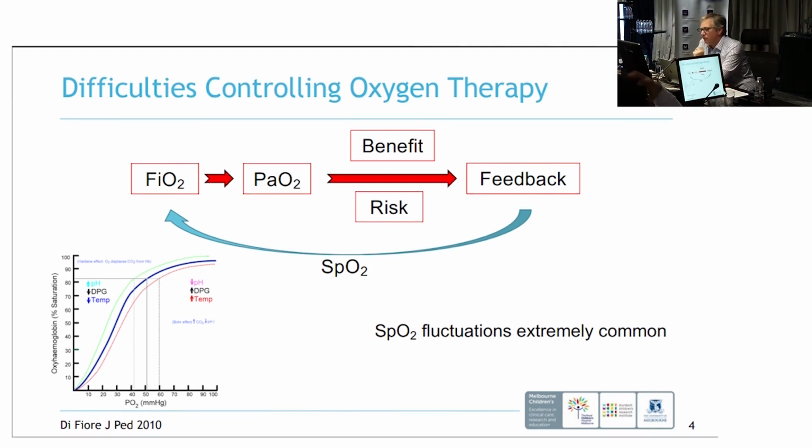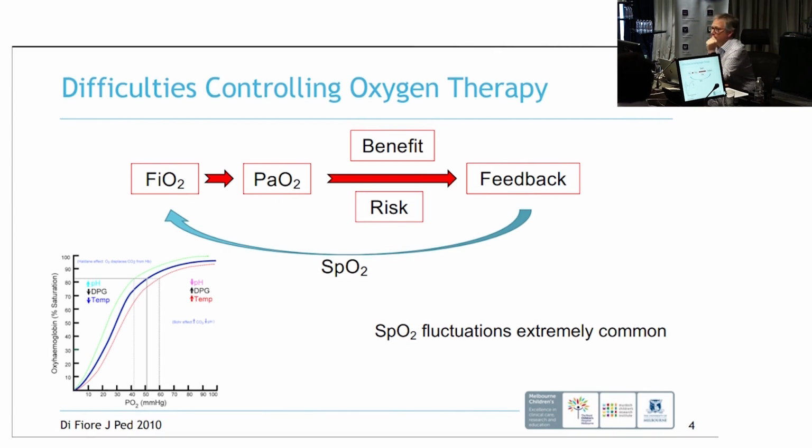And, as every medical student knows and generally learns to hate, the relationship between oxygen saturation and PaO2 is not linear. So if you increase your PaO2, you don't get the same increase in your saturation. It's this sigmoidal curve, and we all know that that curve changes. We can change it with acidosis, altitude, temperature, and all sorts of things.